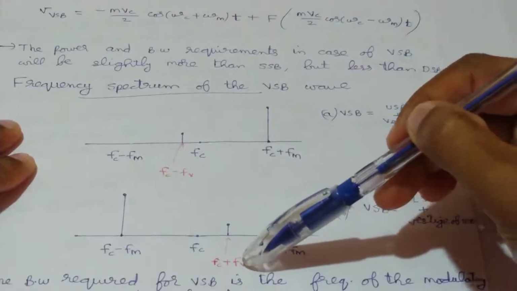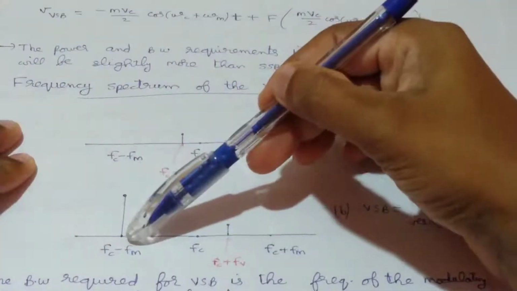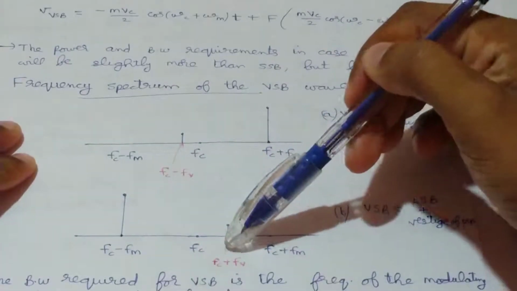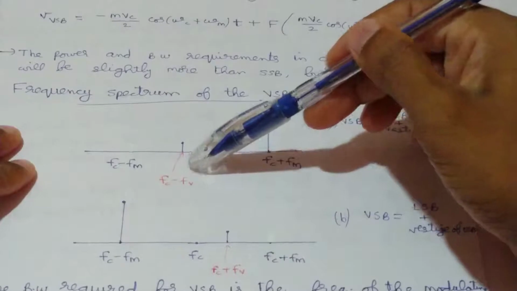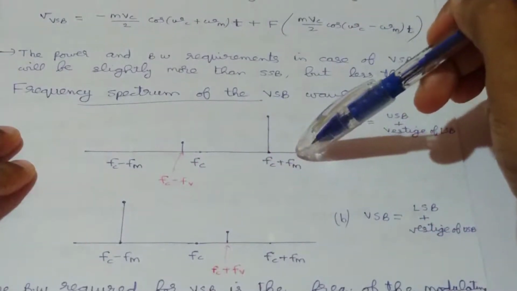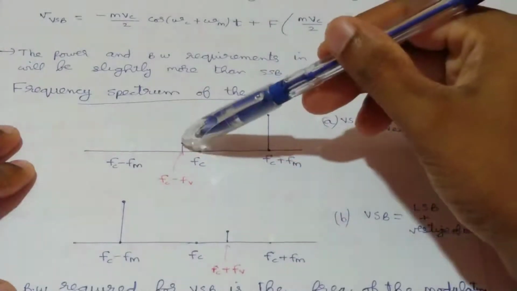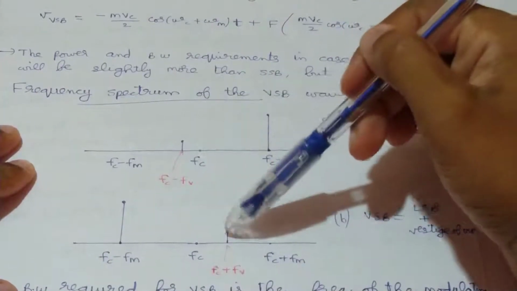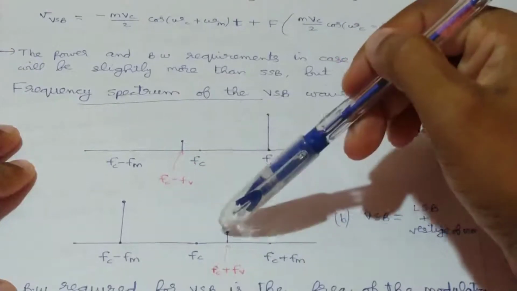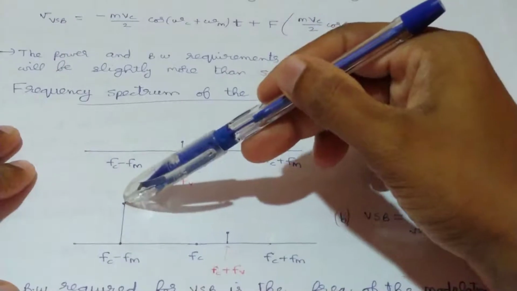So here we are transmitting the frequencies from Fc minus Fm to Fc plus Fv, and here from Fc minus Fv to Fc plus Fm. Also we can see that the vestige amplitude is less, because we are transmitting only a fraction of that sideband, so its amplitude will not be equal to the full sideband amplitude.